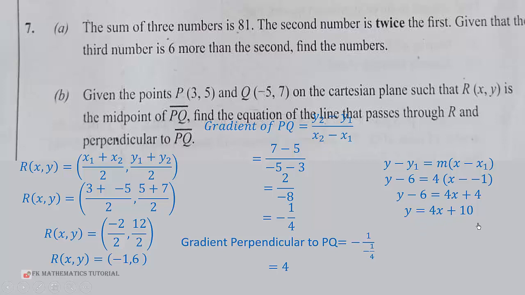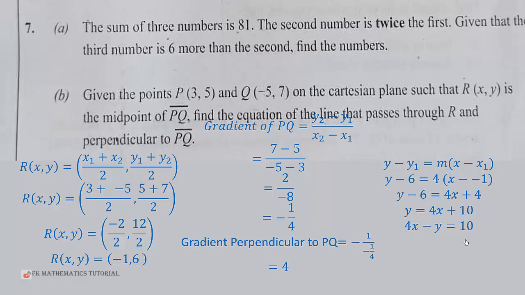This is in the slope intercept form. You can write it in the standard form by sending the y across. That will give you 4x minus y equal negative 10. So this must be negative 10 here.